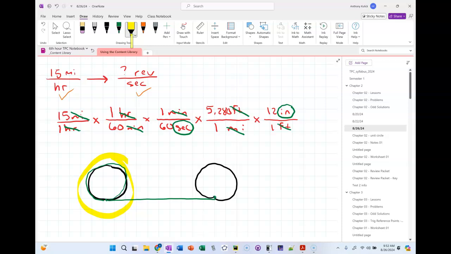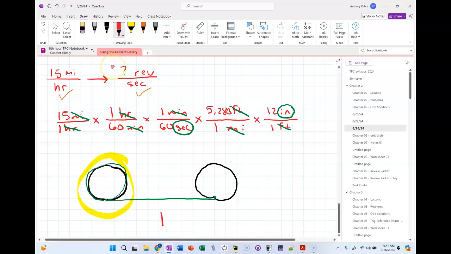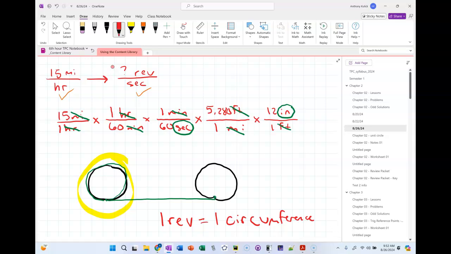The distance traveled by any circular object in one revolution is the circumference of that object. So that's going to be my final conversion factor, knowing that one revolution is equal to one circumference.